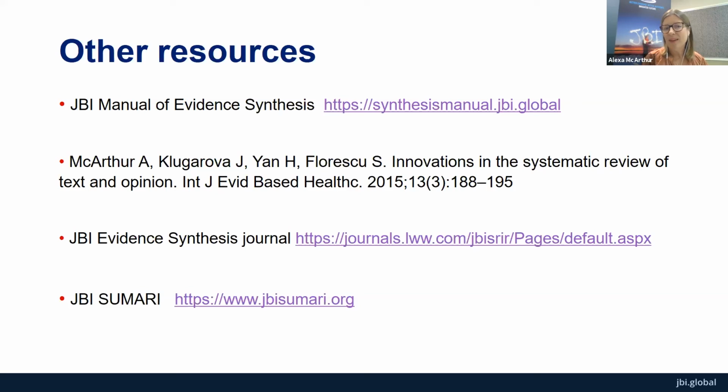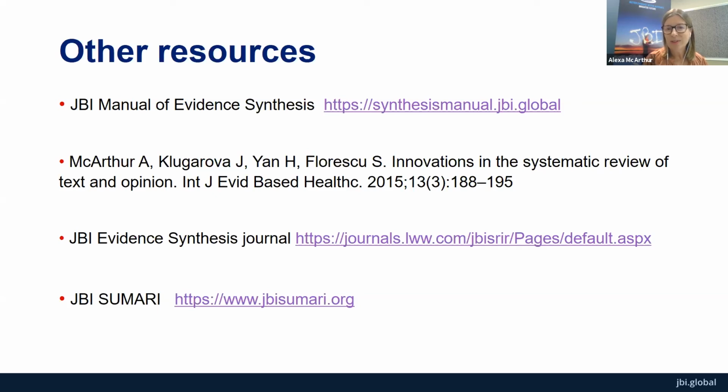But after the critical appraisal process within JBI SUMARI, conclusions from each of the papers are extracted, and then they're assigned a level of credibility, and then they're synthesised using JBI's meta-aggregative approach.